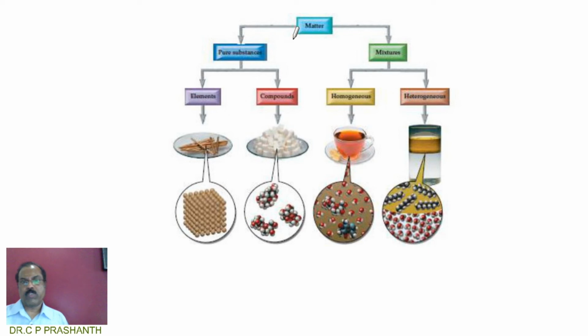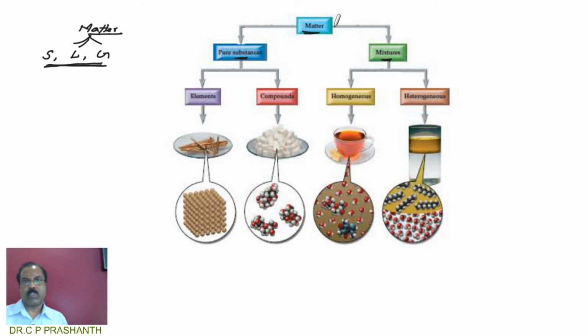So we have studied that matter can be classified into pure substances or mixtures. We had already classified matter into solids, liquids and gases. This classification is based on the attractive force. Now we have classified them into two, pure substances and mixtures.